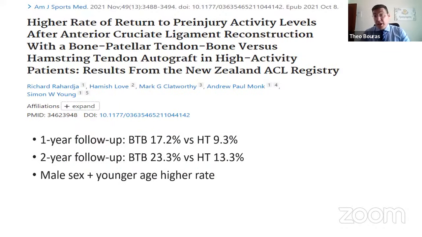In terms of pre-injury activity levels, this study coming out from New Zealand in 2021 found that the BTB in the first and the second year following the operation had significantly better results. And you can see the numbers in the slide. And the results were even better when the patient was male and younger in age.